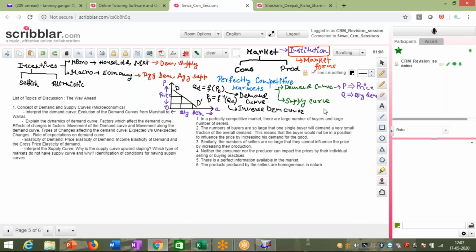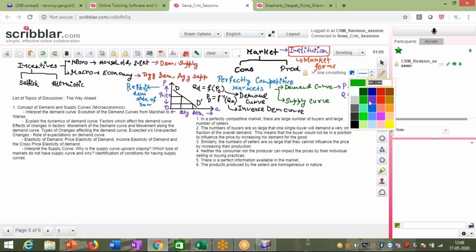So the objective of this demand curve is to show the willingness of the consumers to pay, right? So this reflects the demand side of the borrower.